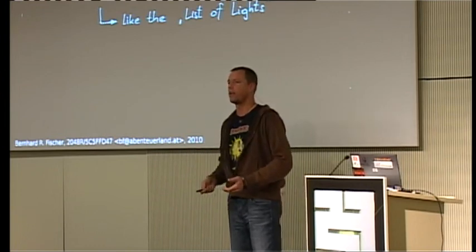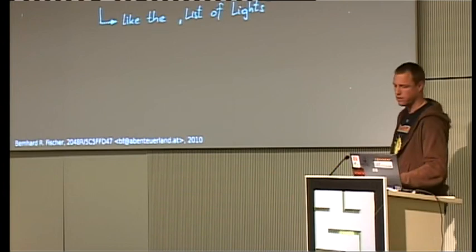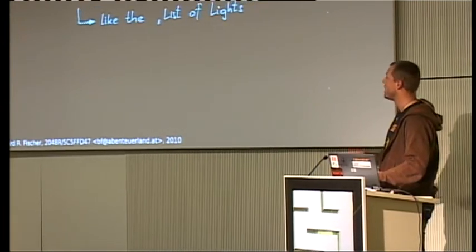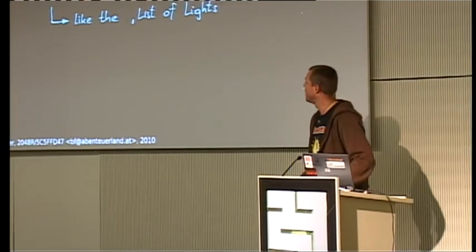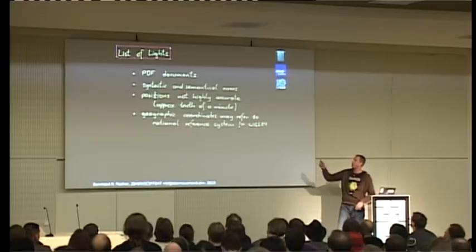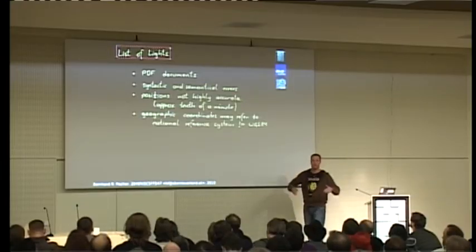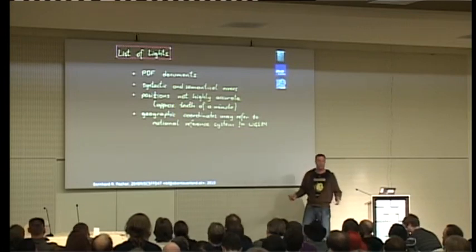It contains all lights, and luckily the United States Spatial Agency publishes this on the web in PDF documents. And we can grab out this information. It's what I'm doing, but there are several problems. The positions are not really accurate. It's to 1/10 of a minute, which is about 180 meters. It's not very accurate.